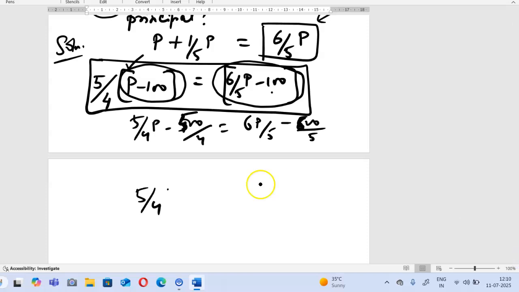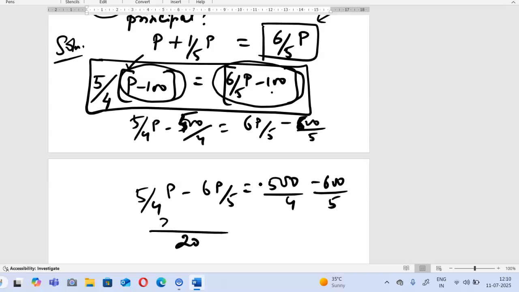So 5/4P minus 6P by 5 equal to 500/4 minus 100.